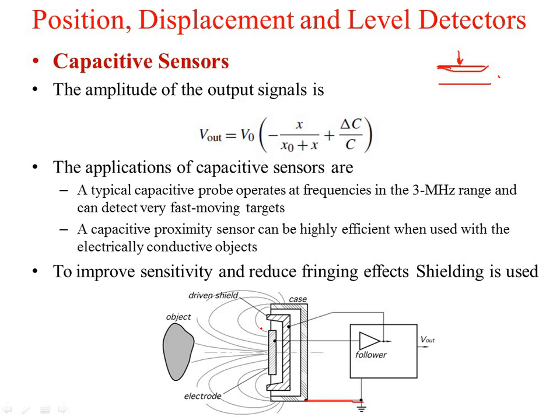And this capacitive sensor's output is directly given to the follower, and you will be taking the output from that. This will shield whatever external effects or external parameters are going to affect your capacitive value. So these fringe effects you can shield easily, and you can improve the sensitivity of your sensor.